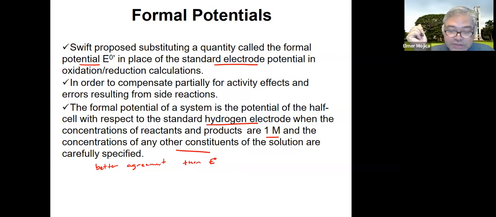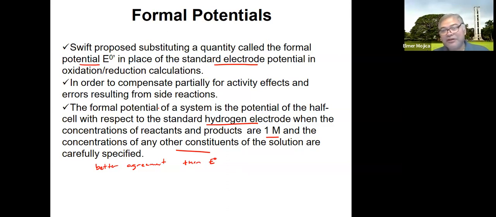formal potentials, they found out that using formal potentials with systems that differ only in the composition and concentration of the electrolyte can lead to errors greater than those produced by using standard potential.